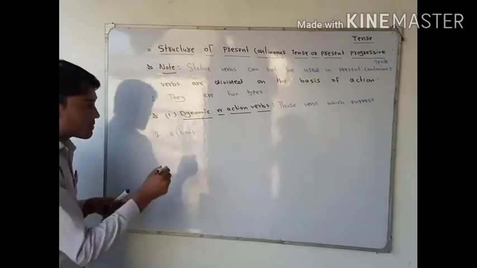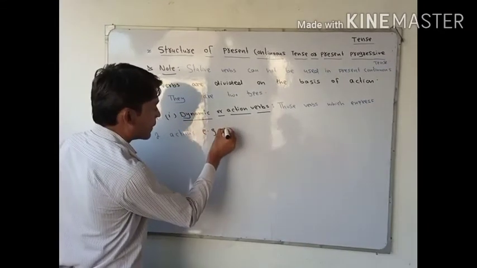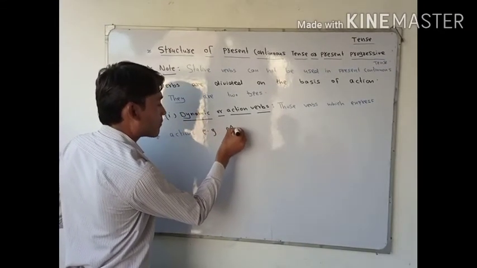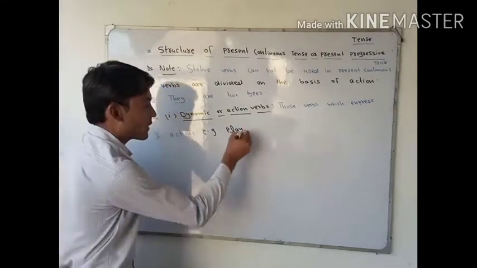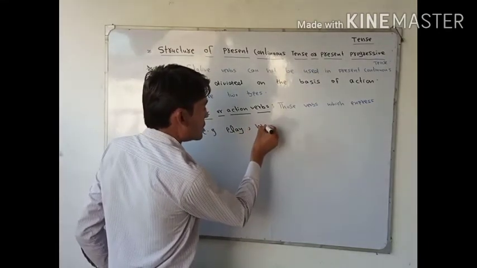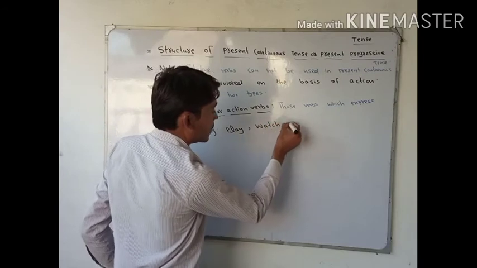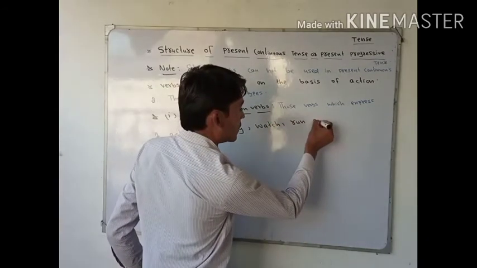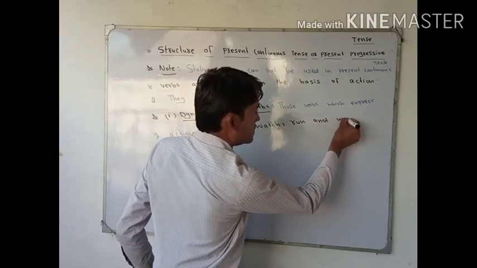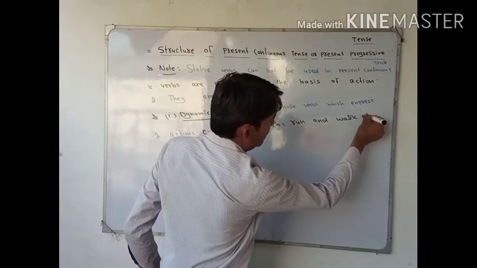For example, play. So play is what kind of verb? It is called an action verb. The next one is watch. Watch is an action verb. Run. Run is what kind of verb? Action verb. And walk, etc.